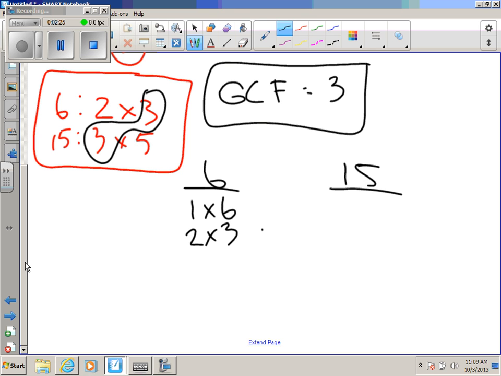No. In 15, I'd say 1 times 15, 3 times 5. Any other factors I can use? No. So then I would go through and circle all the factors they have in common. They both have a 1, no 2, but they have a 3. And I'd say, between a 3 and a 1, which one is biggest? You say the 3. So that would be your GCF.